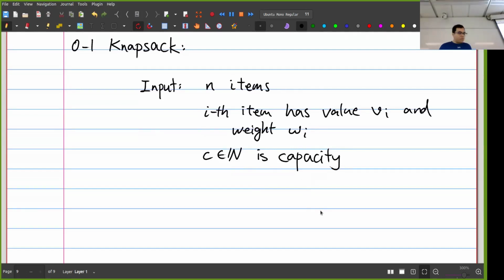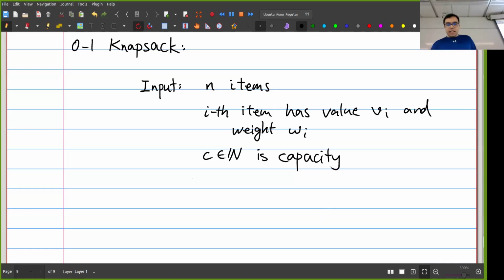Now, when we were using dynamic programming, I said that I want to take a bunch of items into my knapsack so that their total weight is less than the capacity of the knapsack and their total value is as high as possible, right? But in these sessions, we're talking about decision problems. So I want to turn this into a decision problem.